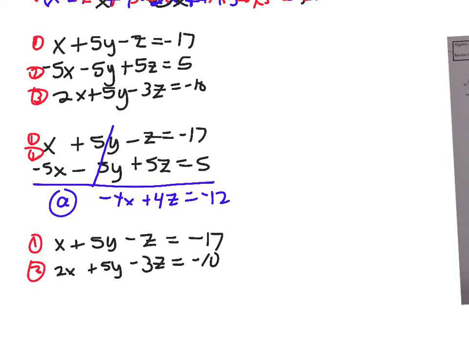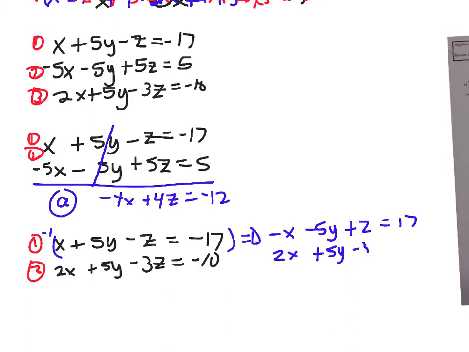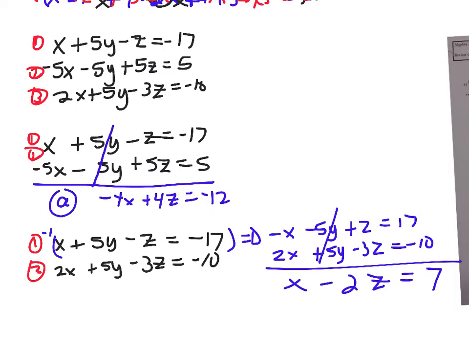I just need one of them to be negative. So I'm going to multiply the top one by negative 1. So I get negative x minus 5y plus z is equal to positive 17. And I'm going to keep the bottom one the same. Then I add them. The 5y's cancel out. So I'm left with x minus 2z is equal to 7.